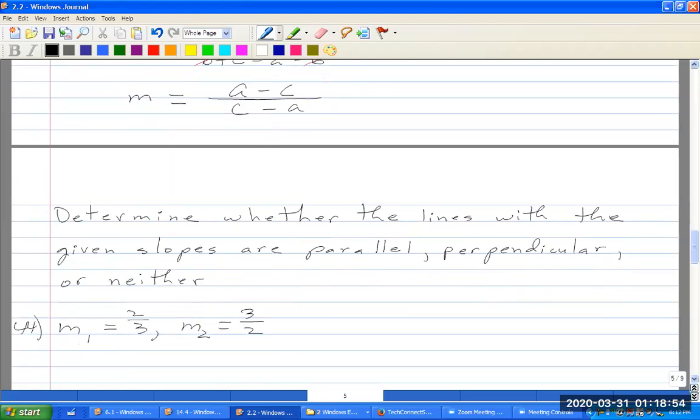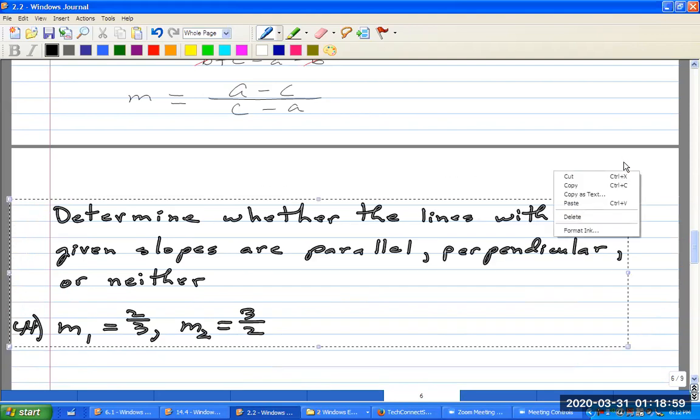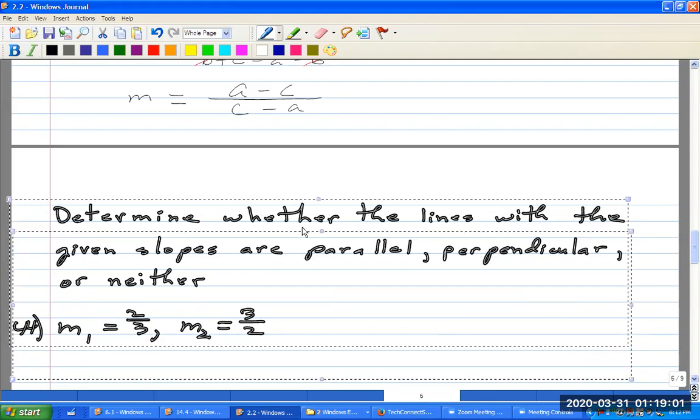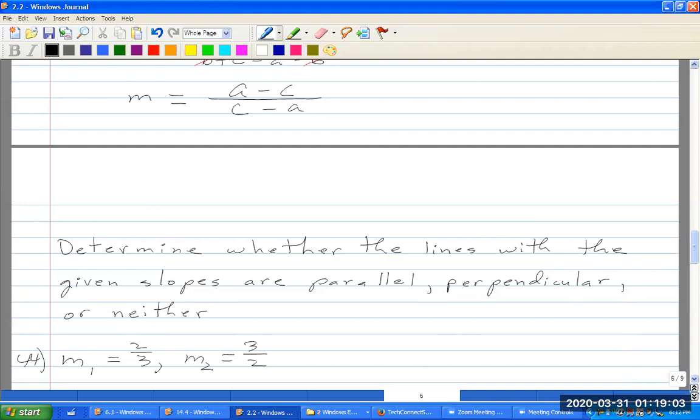Let me get just a little bit more room here. And so a minus c is the same as c minus a. The only difference is the order, since these both have negatives in the middle. So therefore, I can cancel. When I cancel the numerator, I'll put a minus.